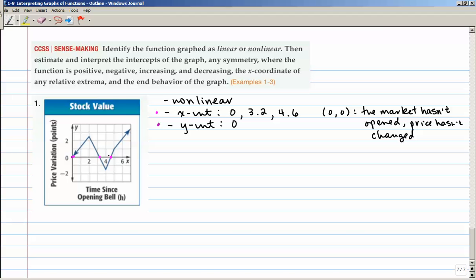And at these other 2 points here, this point right here at 3.2 means 3.2 hours after the market opened, my price is back to its original price. Okay? So at 3.2 and about 4.6 hours after opening, I'm back to my original price.